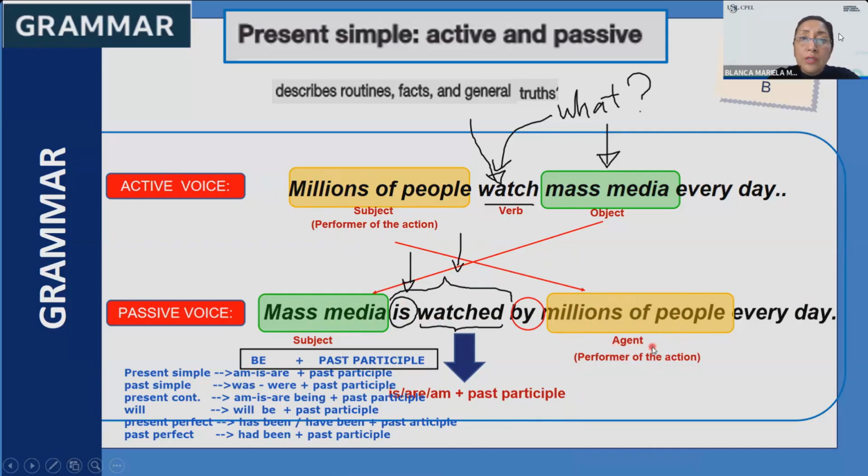The function is the same. Here the subject is the performer of the action. Here the agent is the performer of the action. The difference is the position. Why? Because the emphasis is different. Here this is the emphasis. Here no, this is secondary. And if you include the agent, you have to write the word by.